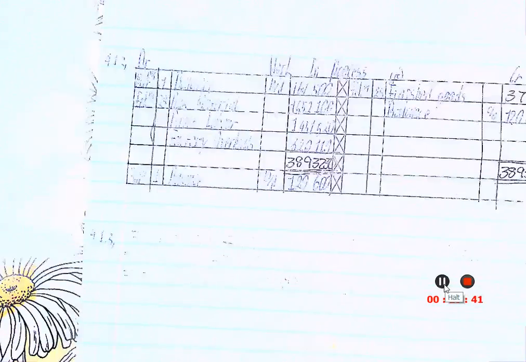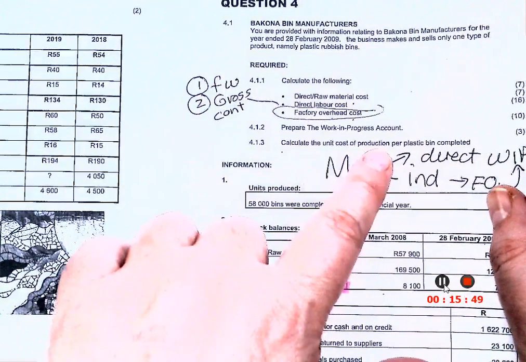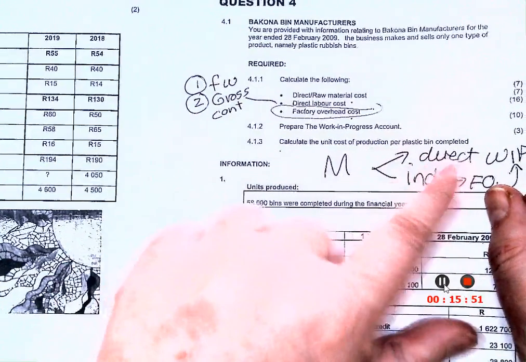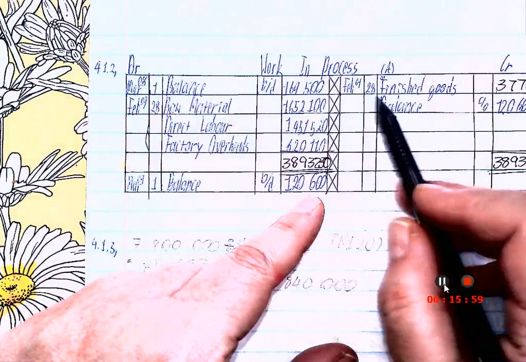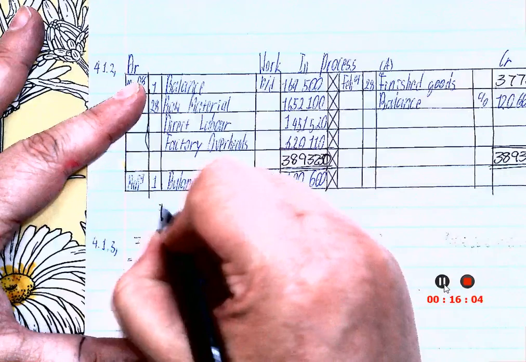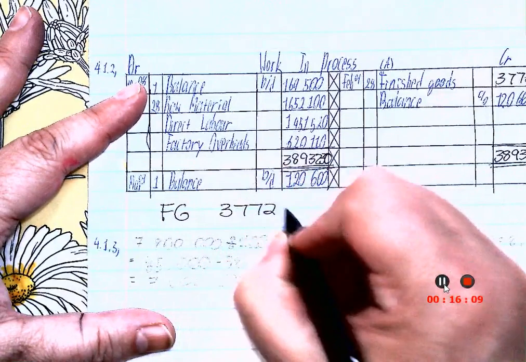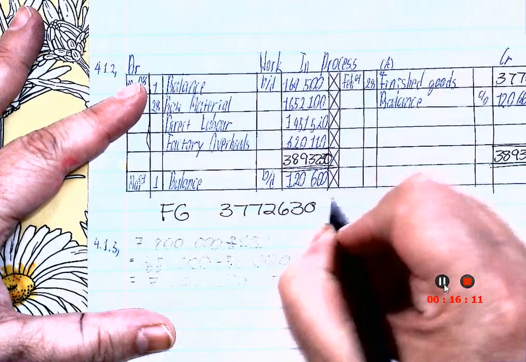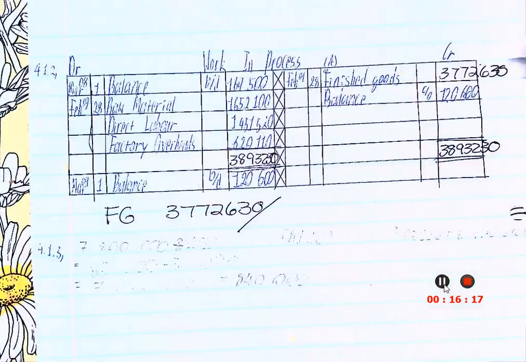Now they ask me to calculate the unit cost of production per plastic bin. Okay? So the unit cost of production for the plastic bins, I'm going to take the finished goods of 3772630 and divide it by the units that I produced, because remember, that is my cost of production.